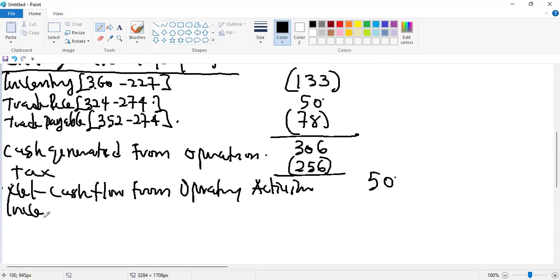I'll go to investing activities. Don't forget, investing is acquisition and disposal of non-current assets and investments.